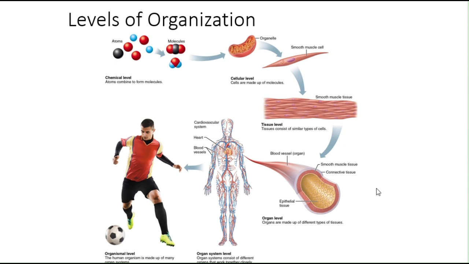So the organs come together and make the organ system. We have different types of systems: cardiovascular system, digestive system, nervous system, lymphatic system, integumentary system. These systems come together and make our organism.